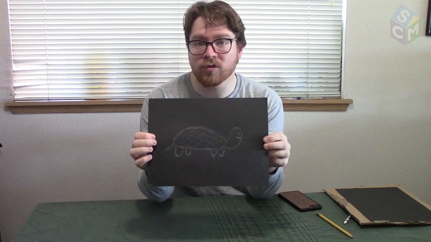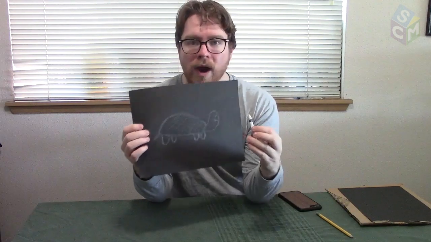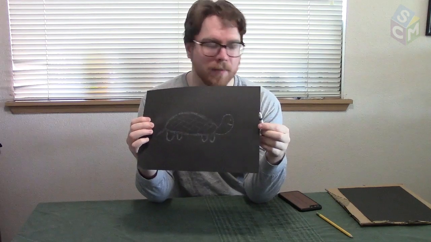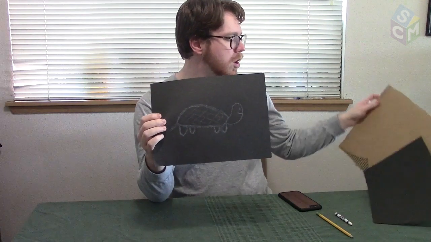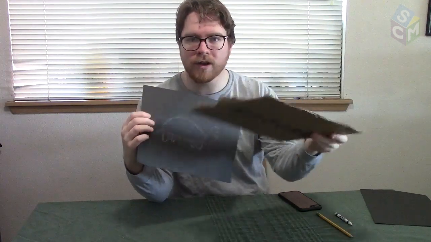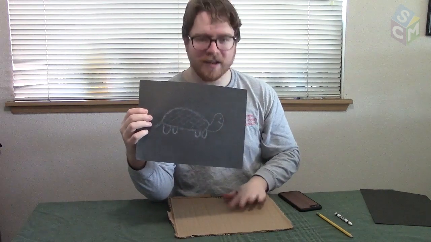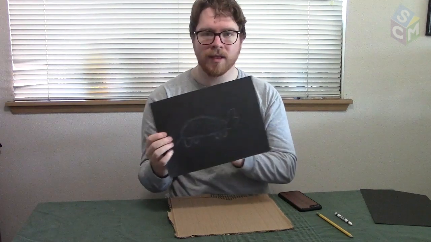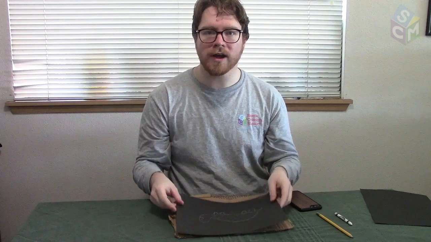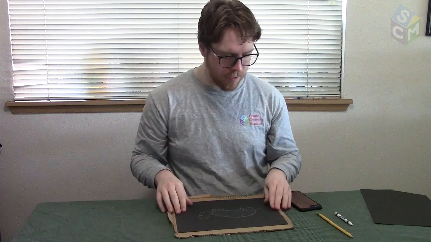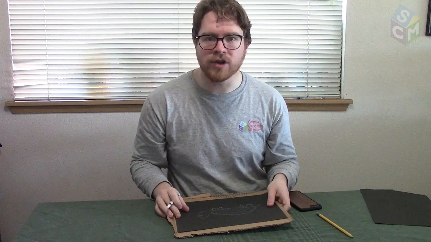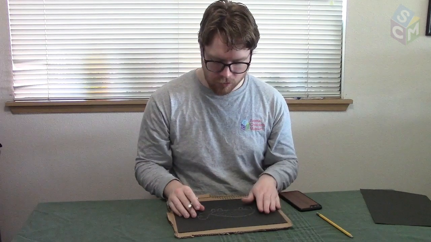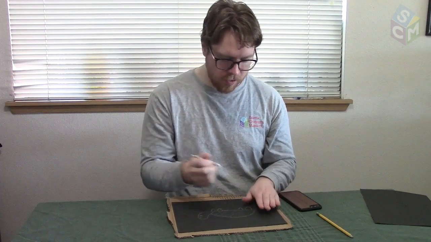Once you have your animal drawn with your white crayon on your black paper, you're then going to grab your cardboard, and you're going to lay your cardboard flat on a table in front of you like this, and you're going to lay your drawing down. You're going to grab that white crayon again, and you're going to add some dots to your drawing, and those are going to be the stars.